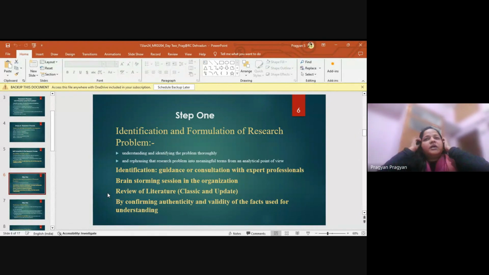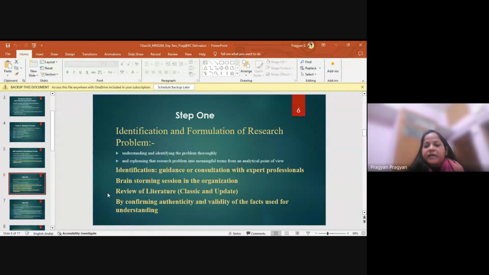Thoroughly means covering all those possible dimensions where dependent, independent, and intervening variables are going to alter your findings and outcomes of the study. So, in the process of identification and formulation of research problems, the first important thing is to understand how to incorporate all those important factors.